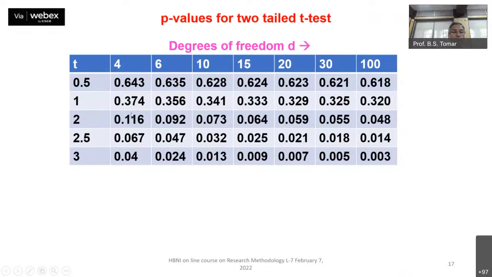What you have to do is calculate the t value, t equal to (mu minus X̄) upon the standard error of mean. And for that many degrees of freedom, you find the value of p and compare with the expected p. Then you can find out whether the difference between mu and X̄ is significant or not. We will do these examples tomorrow.